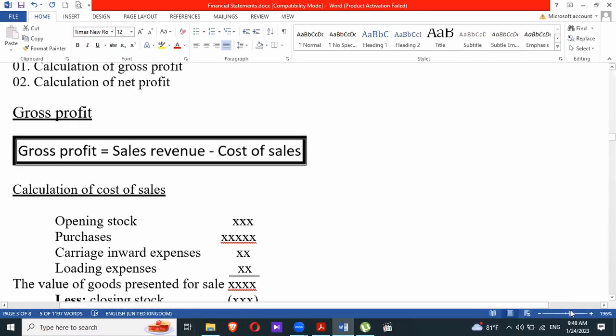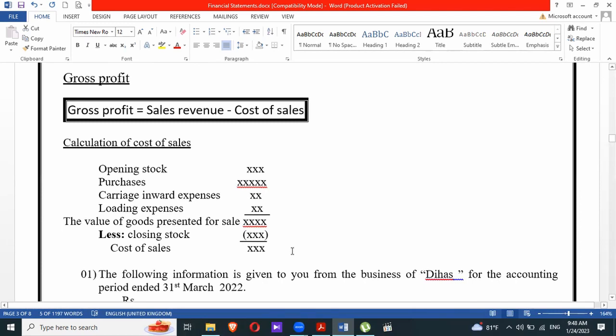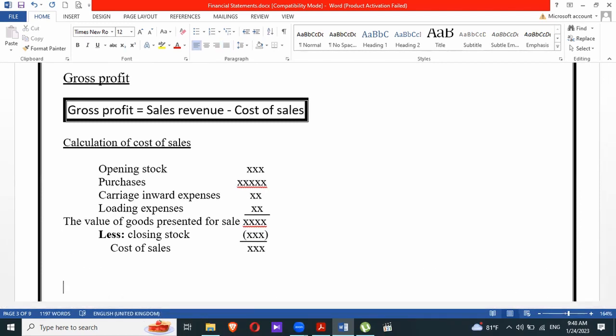Look at this. Look at the method I have given, carefully. How to calculate cost of sales? Cost of sales, simply, is the cost of the sales.